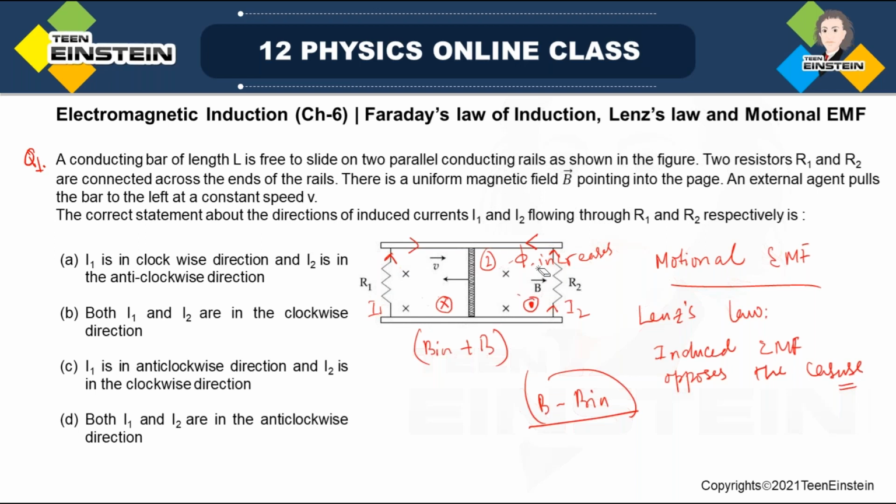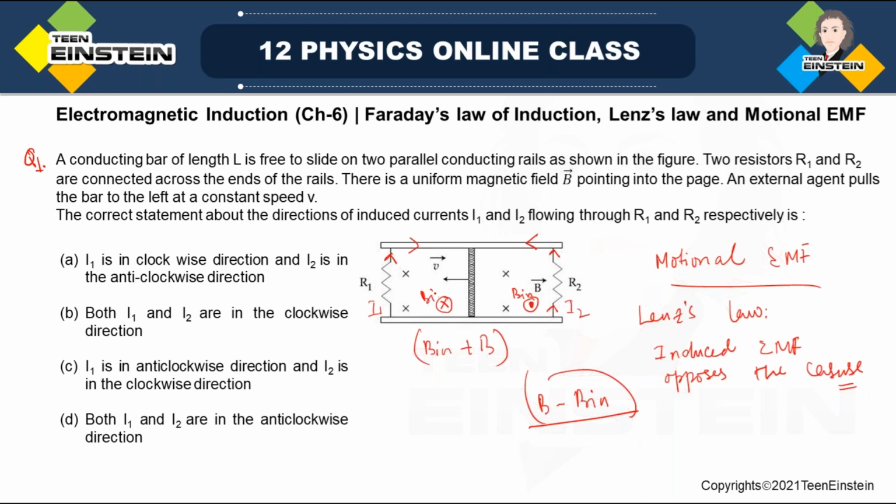So I mean to say that the current in R2 has to be in the anticlockwise direction. So this is B induced.